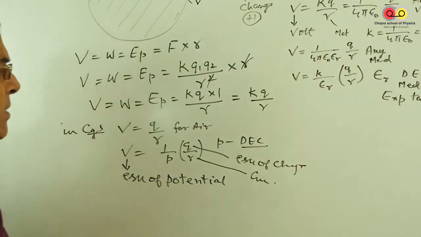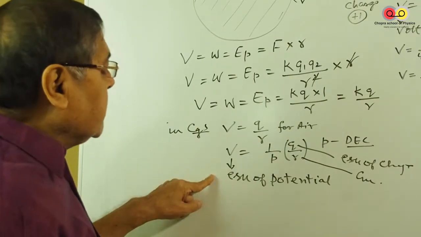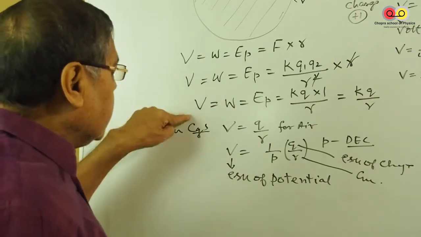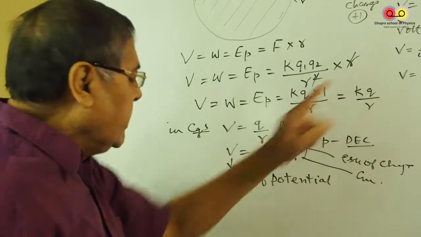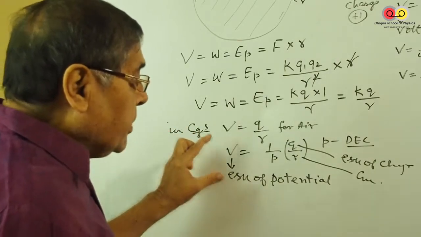Now normally the rule is that MKS units are bigger as compared to CGS, but this is one exceptional physical quantity where the MKS unit is smaller and CGS is bigger. So this is an exception, not a rule.